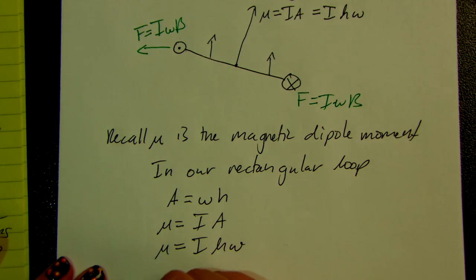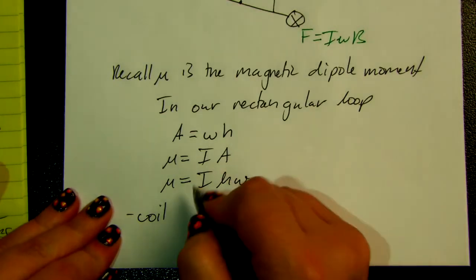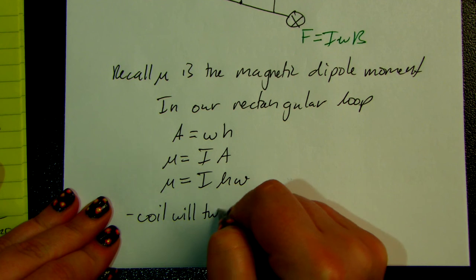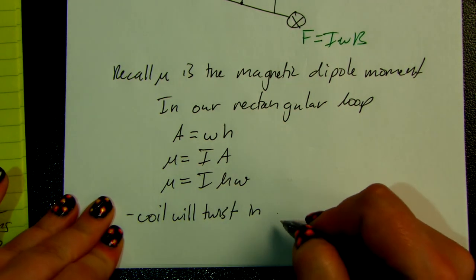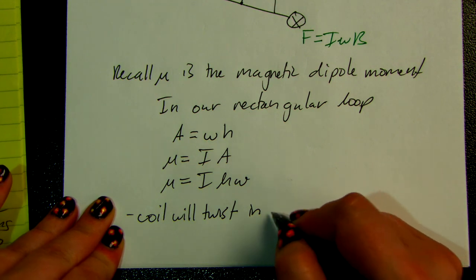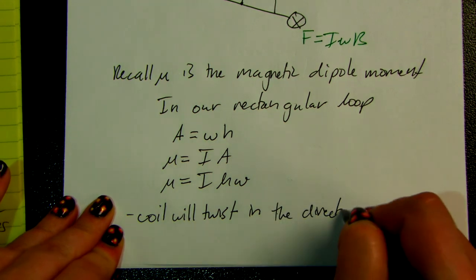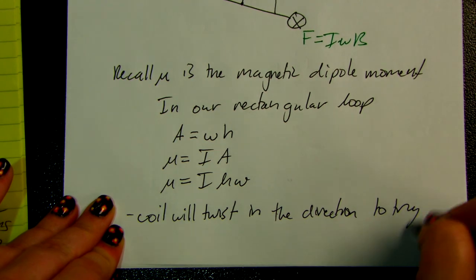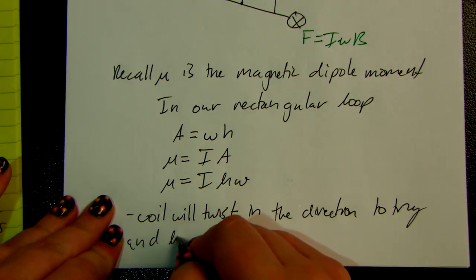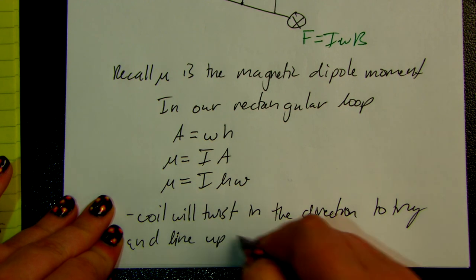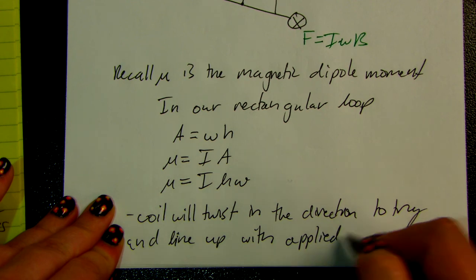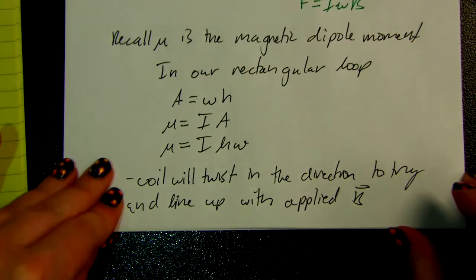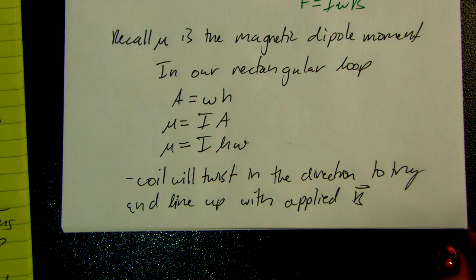And the coil is going to twist in the direction to try and line up with the applied B. So mu wants to hang out in the same direction as B. If it can't get there, it's going to try and twist to get there.